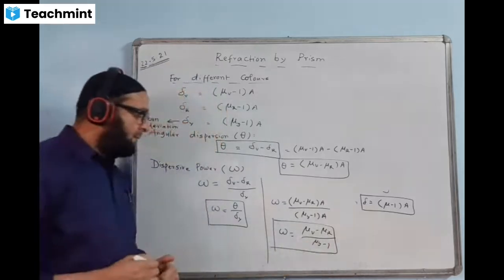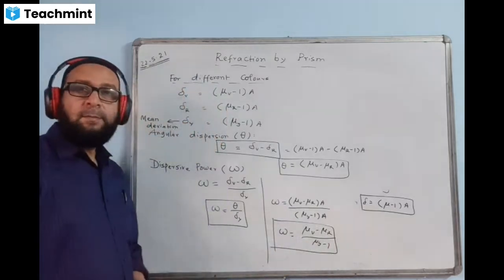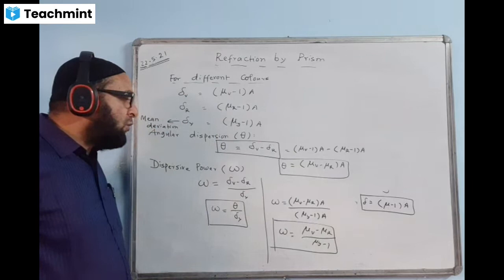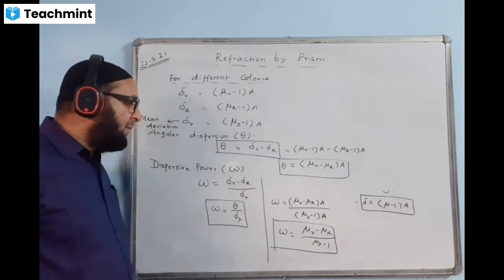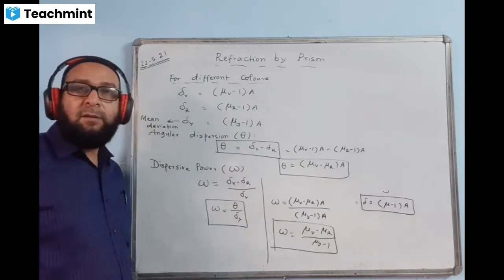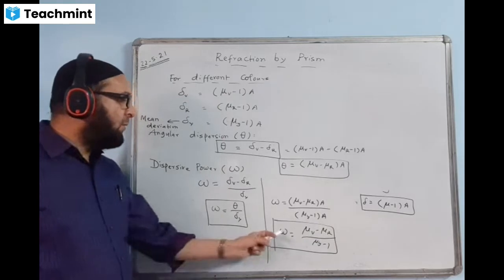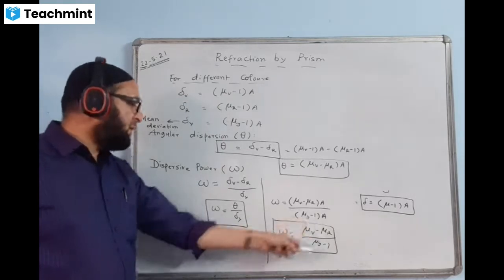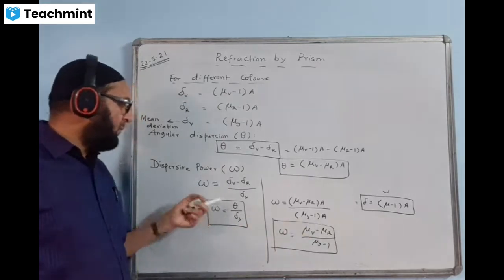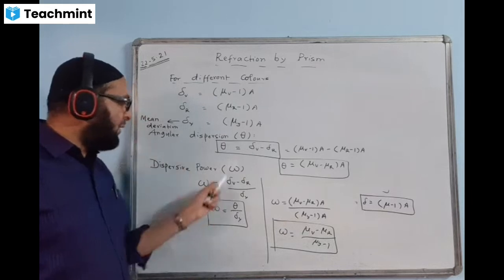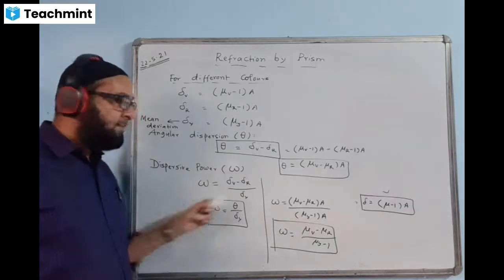This is the formula: omega is equal to mu V minus mu R divided by mu Y minus 1. This is the formula of omega in terms of refractive indices and in the form of either angular dispersion or delta Y.